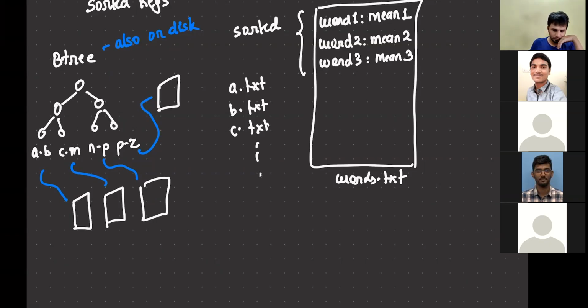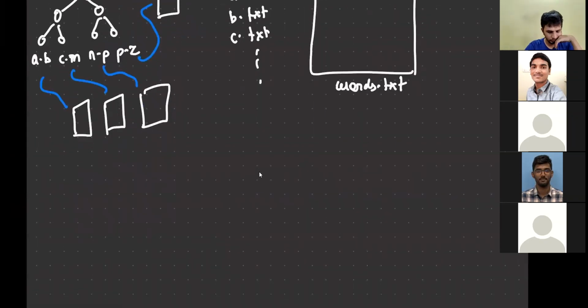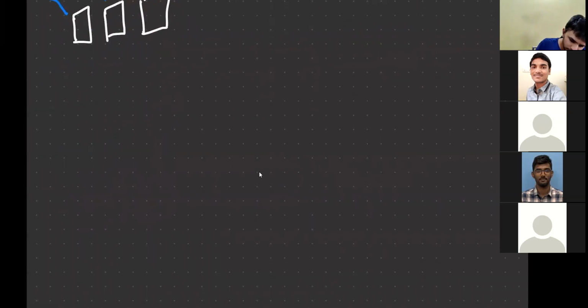If you want to read, you query the B tree, find out which block it belongs to, and then within the block maybe do a linear scan. But the block sizes are constant, so that's usually okay. Okay, a great point that was brought up: the size of the file is the same as the block size.